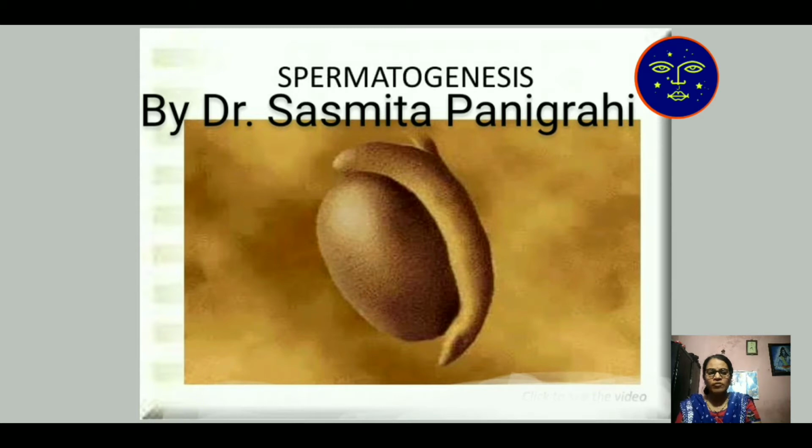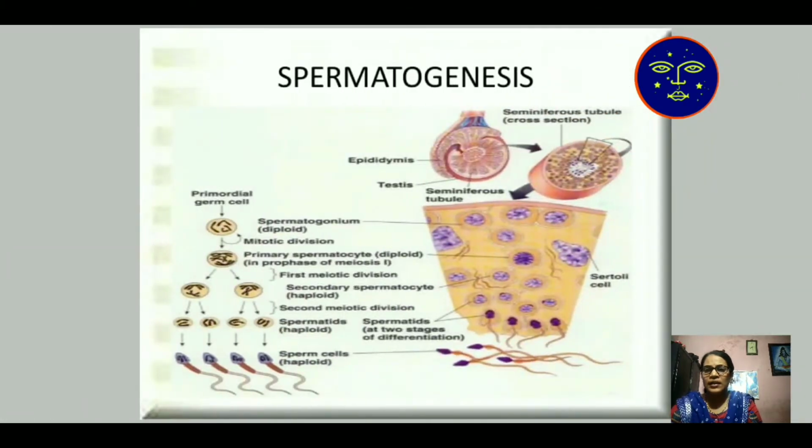And the process of formation of spermatozoa or sperms from spermatid is called spermiogenesis. It is a complicated method and it contains two steps.